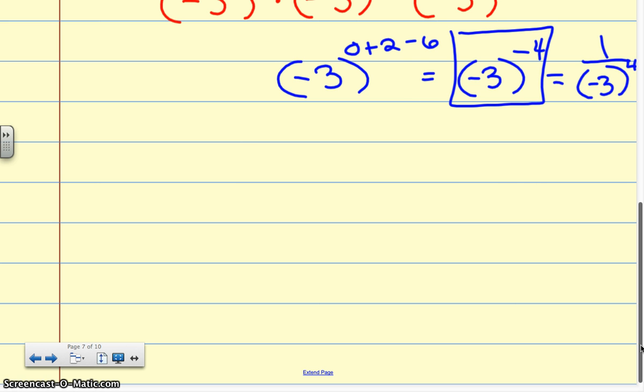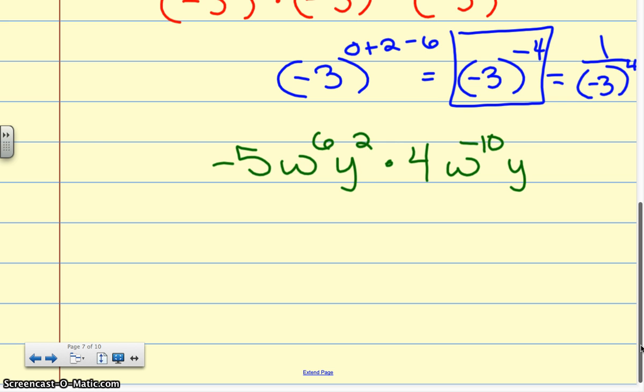Okay, let's do this. Negative 5, w to the 6th, y squared times 4, w to the negative 10, y to the 5th. I want you to simplify that one, please.